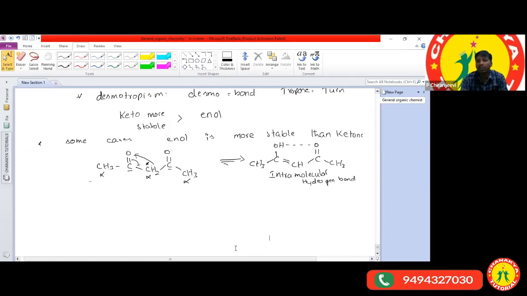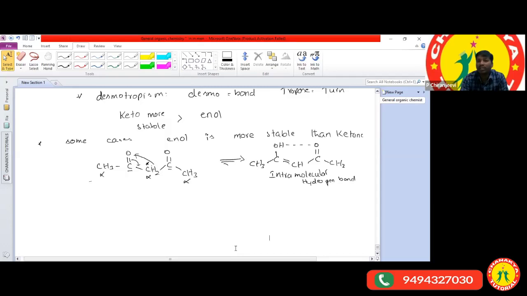Covalent bond is formed by mutual sharing of electrons, a give and take policy. Coordination covalent bond is formed by sharing of a lone pair of electrons between two atoms.